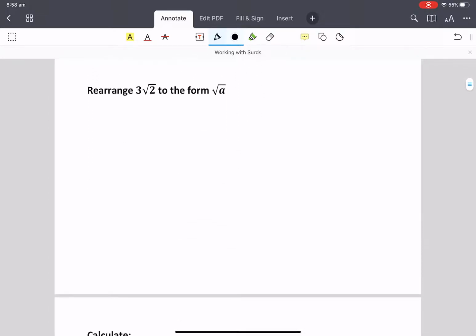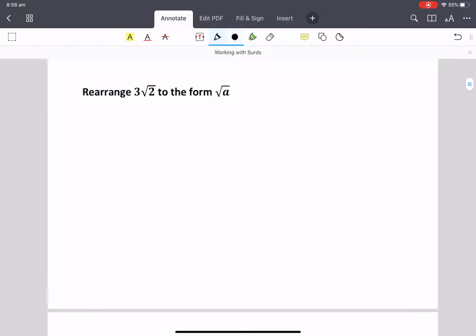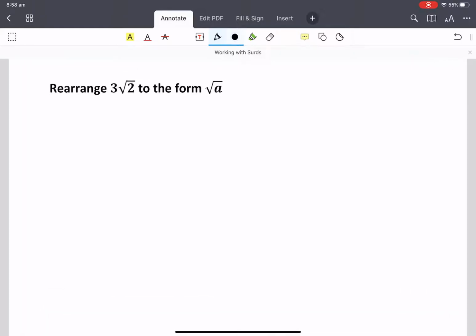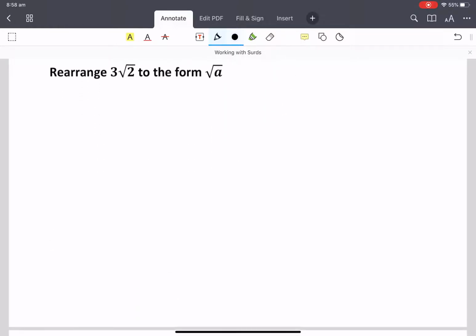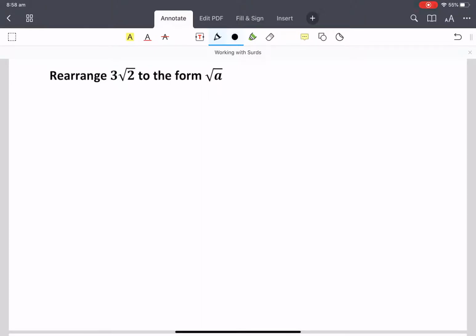So the next question says, rearrange 3 root 2 to the form root a. So that's the exact reverse process of what we just did. We start with 3 times root 2, and we replace 3 with root 9, because root 9 is 3, so we still haven't changed anything.